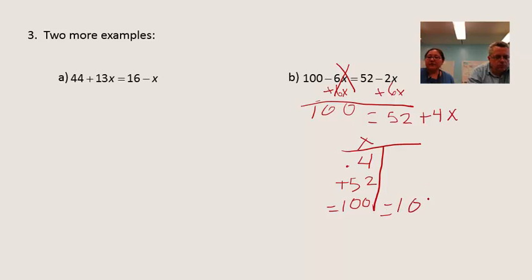On the other side, we put 100 minus 52, and then this one is divided by 4. 100 minus 52 is 48. Divide that by 4, and my answer is 12.